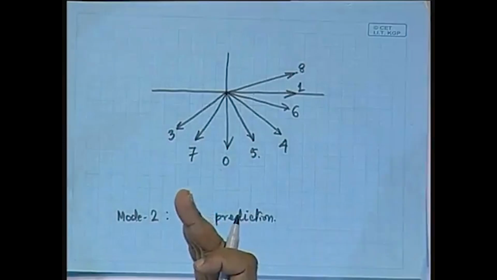Mode 5 will be at 22.5 degrees, so it will get propagated in some manner like this; not all the pixels will be diagonally propagated, it will be sampled and made into 22.5 degree directions. So, these are some of the salient features of H.264.